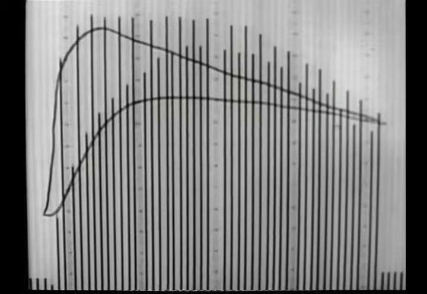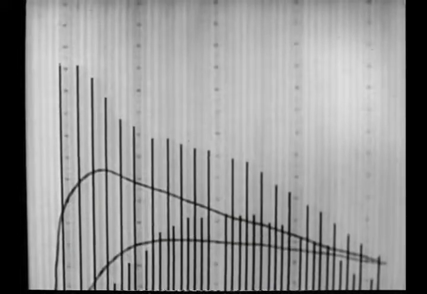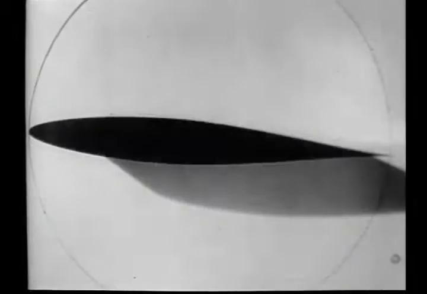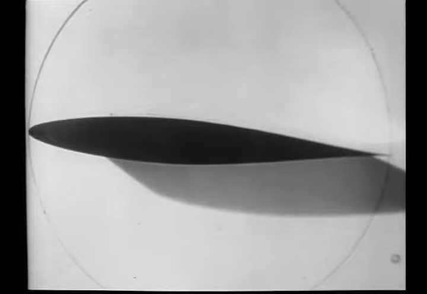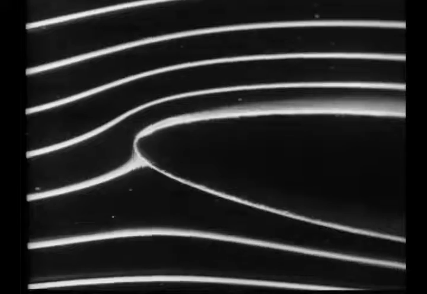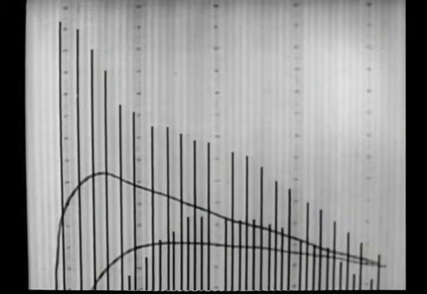As the angle of attack is increased, the situation changes radically. Because of the geometry of the profile, the radius of the leading edge is small. As the forward stagnation point moves downward, the flow passing over the leading edge must accelerate rapidly, producing this abrupt pressure minimum and strong adverse gradients.